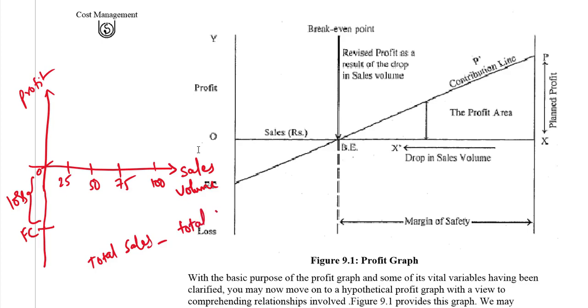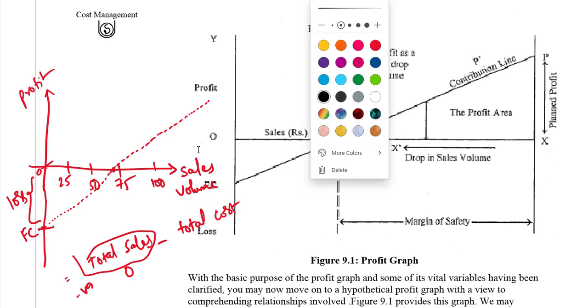Initially the total profit will be in the negative, here this one. Now as the sales volume is increasing, this is going to become positive. So slowly the line goes like this. As the volume is increasing, the contribution, which is nothing but total sales minus cost, is going to increase. Okay, so this point where the line intersects the x-axis, take the black pen.